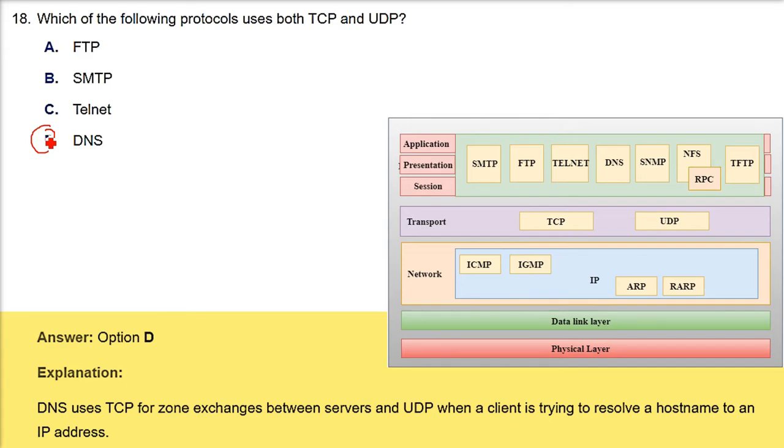DNS uses TCP for zone exchanges between the servers, and UDP when a client is trying to resolve a host name to an IP address. So this system is using both TCP as well as UDP.